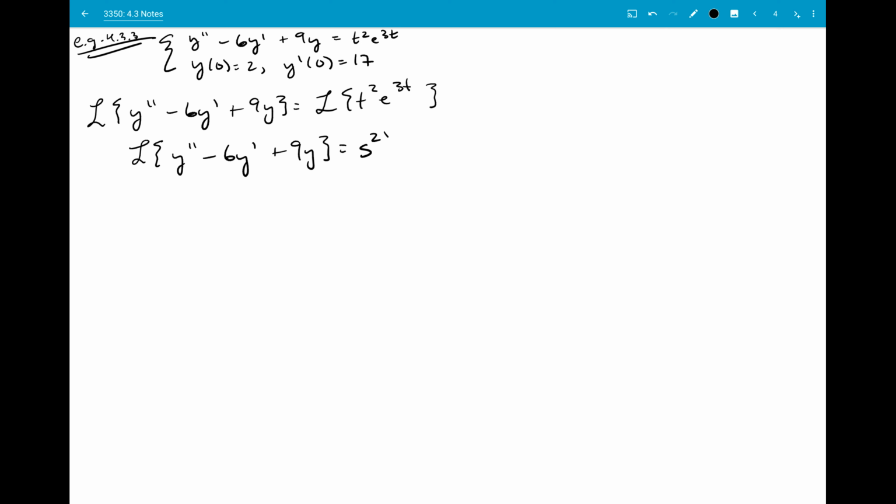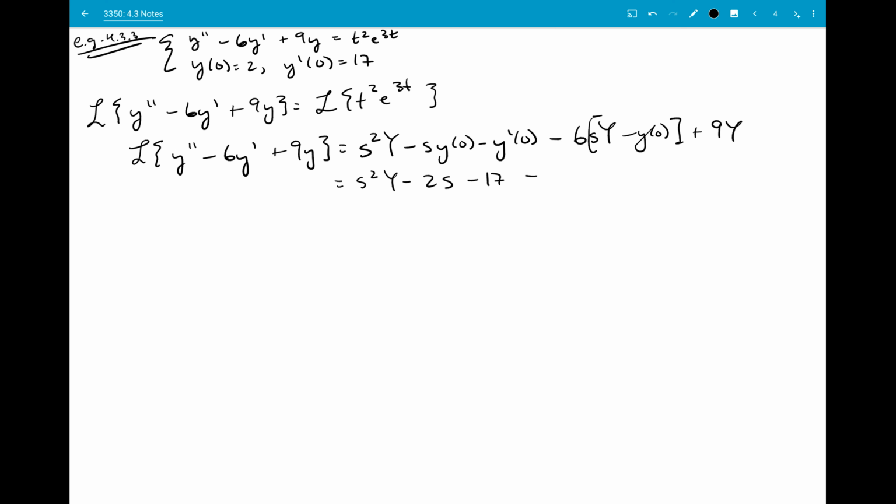We'll find s squared capital Y minus sy of 0 minus y prime of 0 for y double prime, minus 6 times sY minus y of 0, plus 9 capital Y, or s squared Y minus 2s minus 17 minus 6sY plus 6 times 2 is 12, plus 9Y. When we plug everything in, we just do some algebra to distribute that minus 6 times sY minus y of 0.